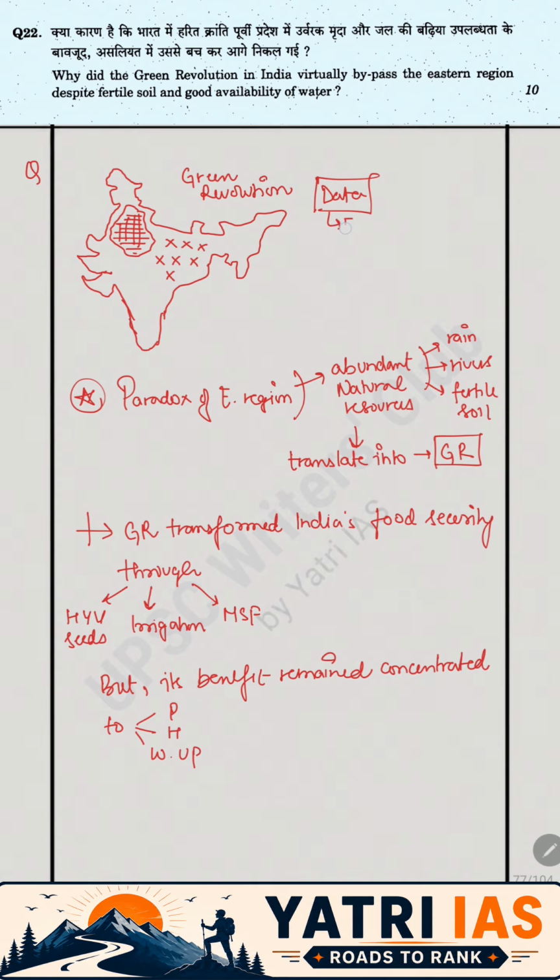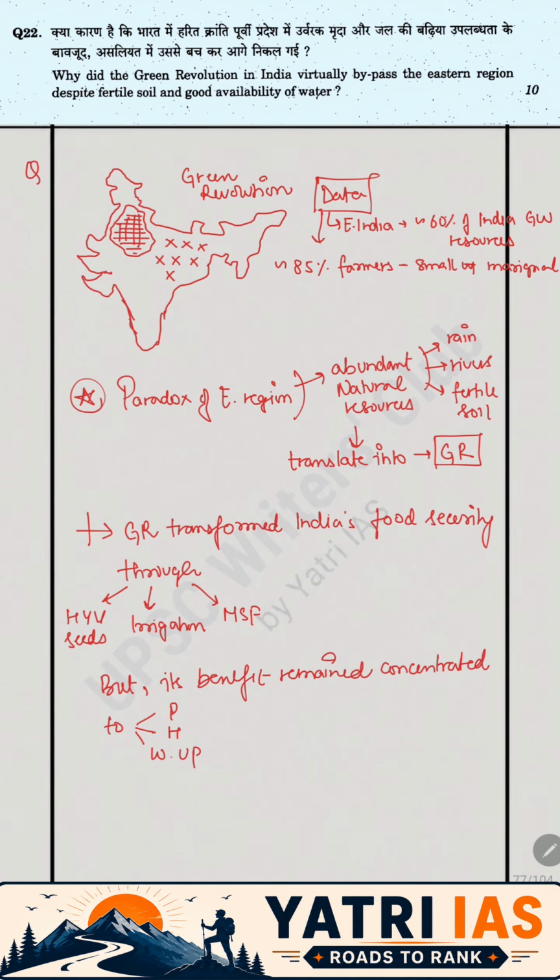Like Eastern India nearly has 60% of India's groundwater resources. Then in India, nearly 85% of farmers are small and marginal.